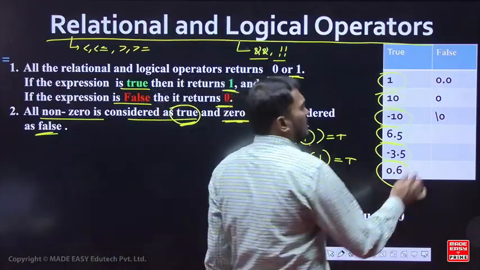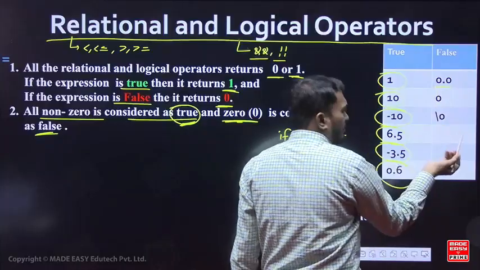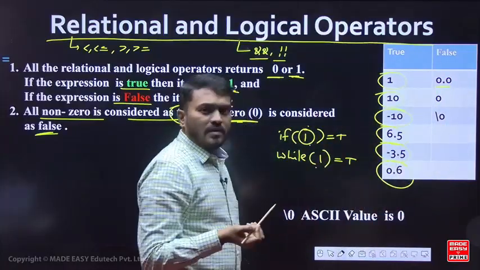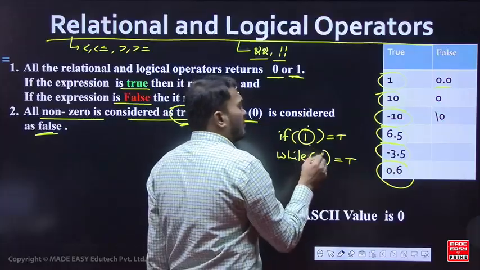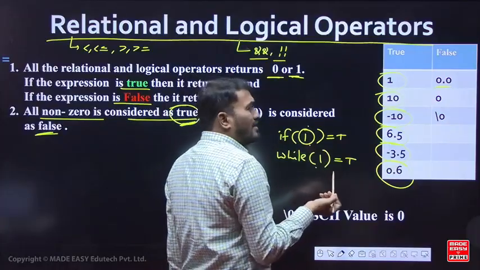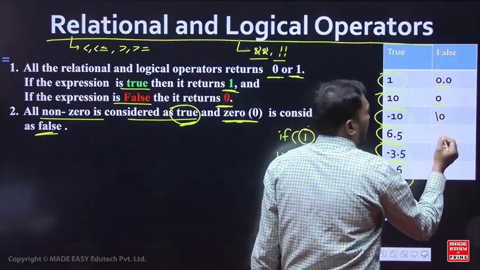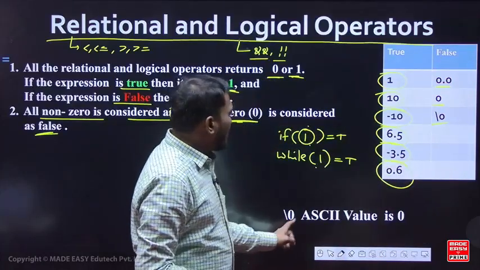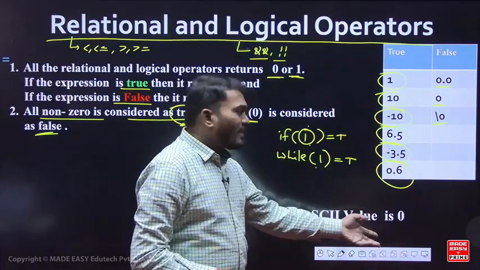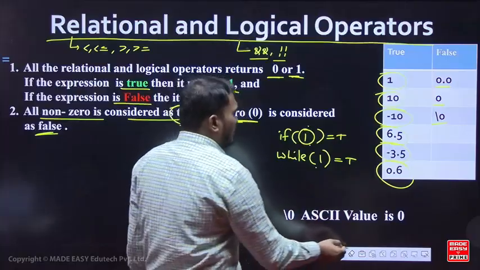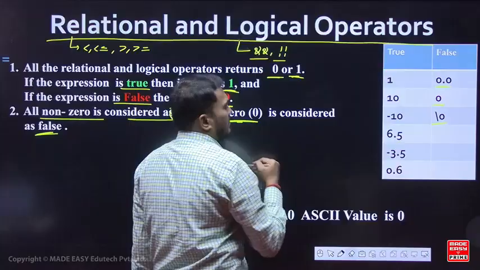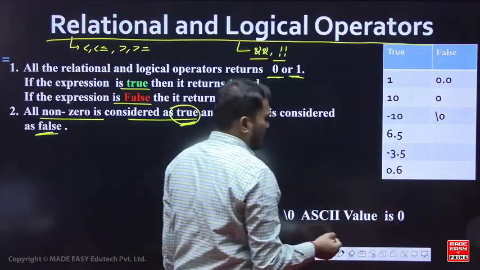Remember, all non-zero is considered true and 0 is only considered false. So 0.0 is also false. In an if condition or a while loop, if I give 0.0, it is treated as false. Slash 0 is the null character, and its ASCII value is 0, so slash 0 is also false.